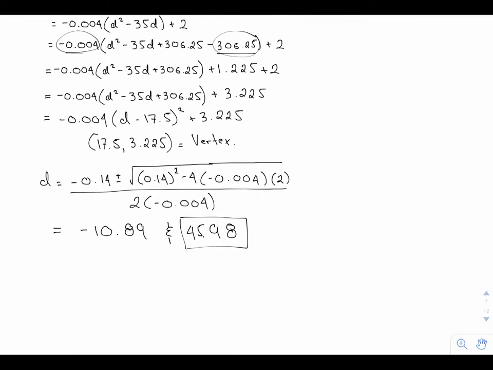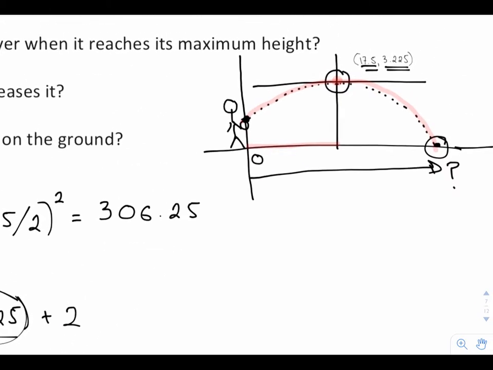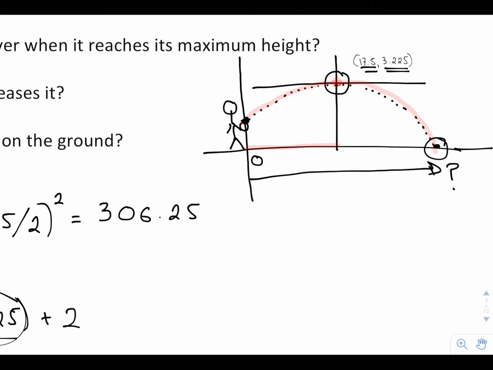So if I go back to my diagram here, there is 0. This here would be 45.89 meters. The negative value doesn't come into play, but if we were to see where it goes on the parabola, it's obviously somewhere back here.